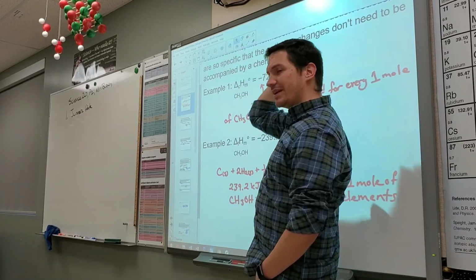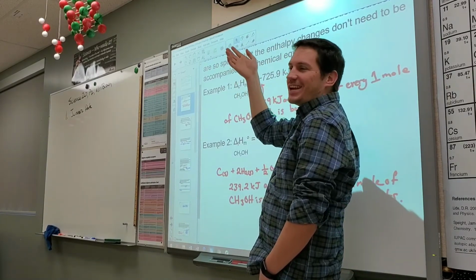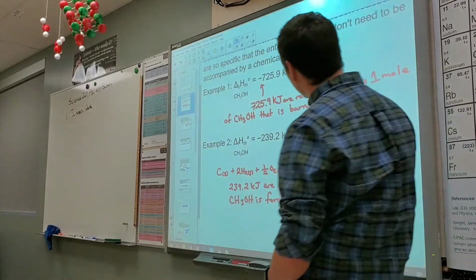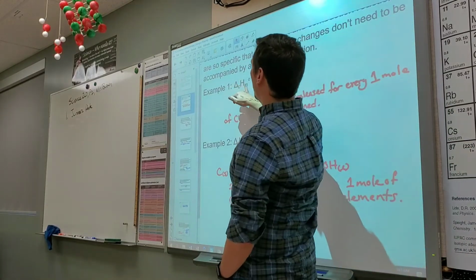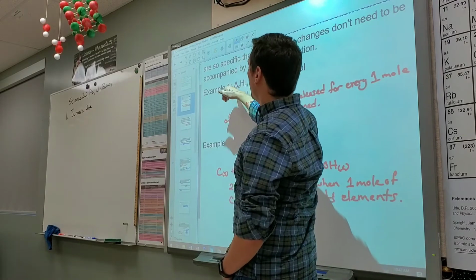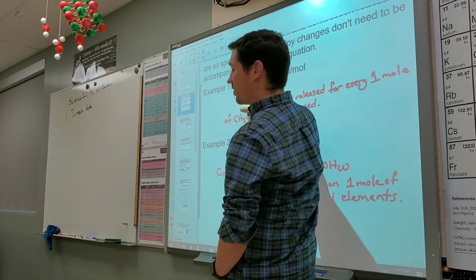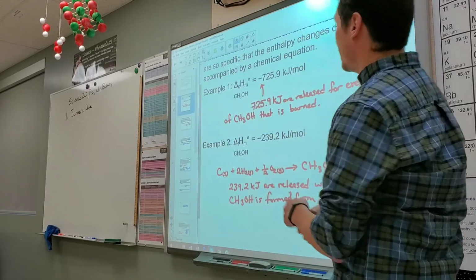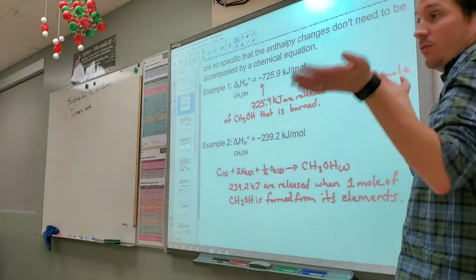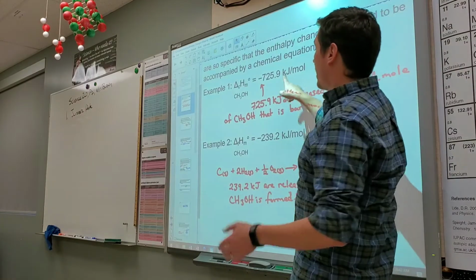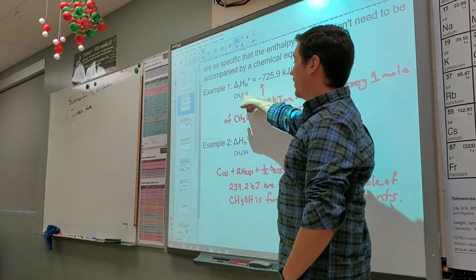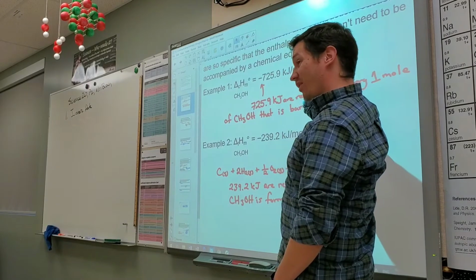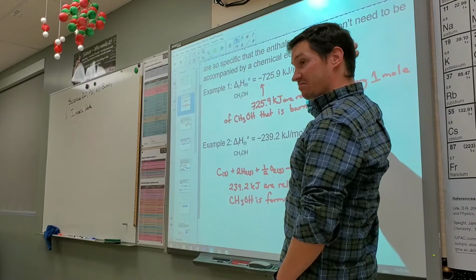The little degree sign just means standard ambient temperature and pressure. The molar enthalpy of combustion for methanol is negative 725.9 kilojoules per mole. That means for every 1 mole of methanol we burn, we release 725.9 kilojoules of energy.